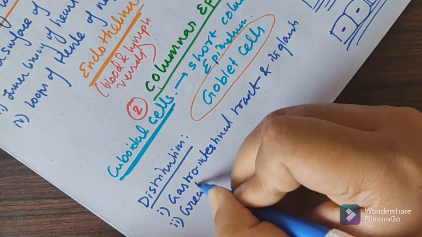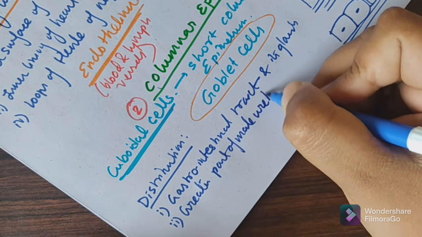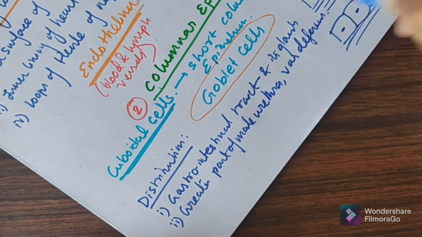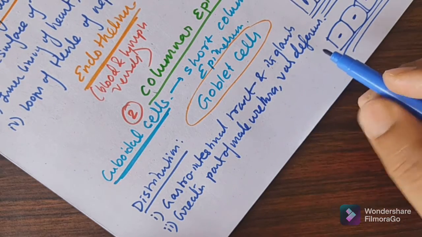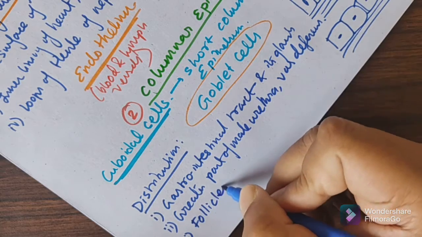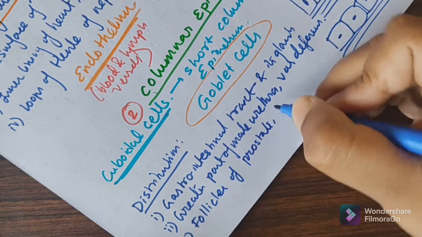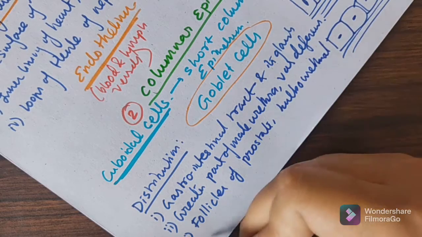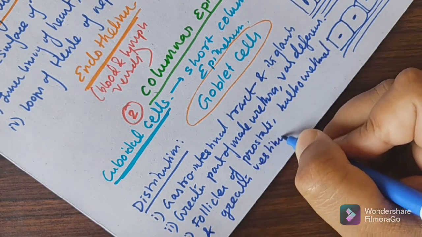The greater part of male urethra or the vas deferens. Okay, the gastrointestinal tract and its glands, greater part of male urethra, vas deferens, and the follicles of prostate, vulvourethral, and greater vestibular glands.